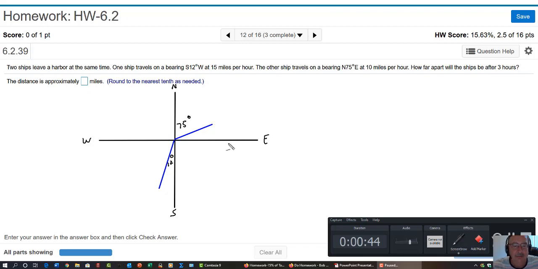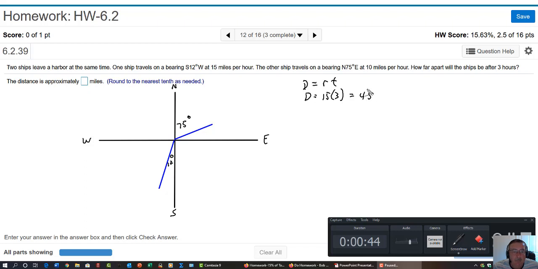All right, so what we need to do is now use, if you remember the old distance formula from your previous classes, distance equals rate times time. So the ship that's going in the southwesterly direction here has traveled 15 miles an hour for 3 hours. So we just have to go ahead and plug that information in here.